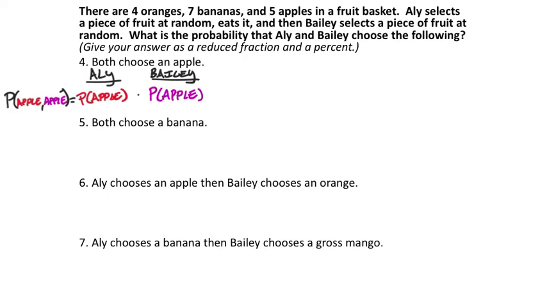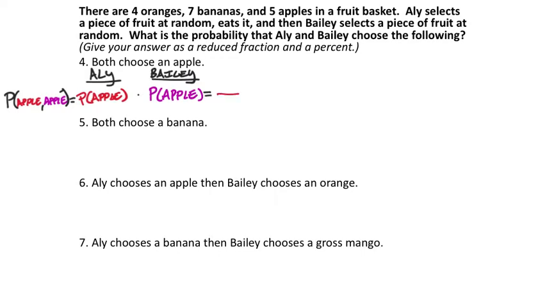Now let's relate this to the vocabulary we've just seen. Allie's event, because she's going first, is independent. Bailey's, though, is dependent. We'll explain more on that in a second. When Allie goes to the fruit basket, we'll need to figure out how many total fruits are in the basket first.